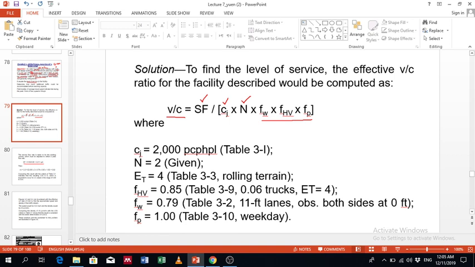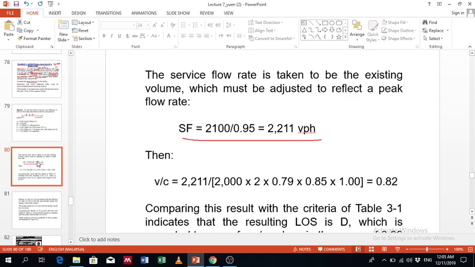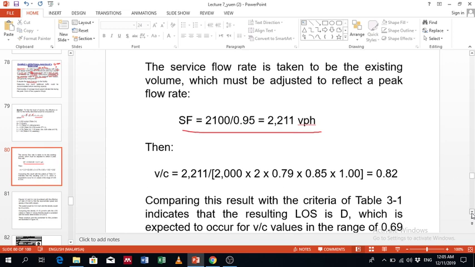For rolling terrain, because here they mention it is rolling terrain, you can find it very easily, which was equal to 85%. So V over C is equal to 82%.